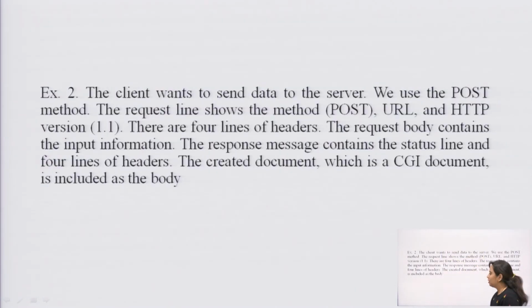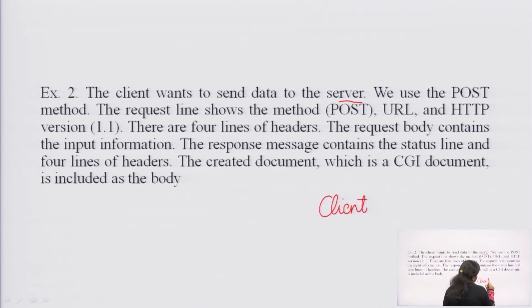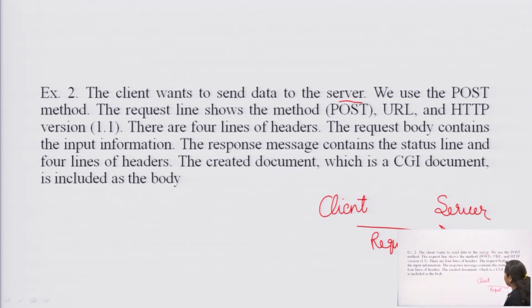Now, the next numerical is where the client wants to send data to the server, which means it is a request kind of message. Now, we use the POST method.